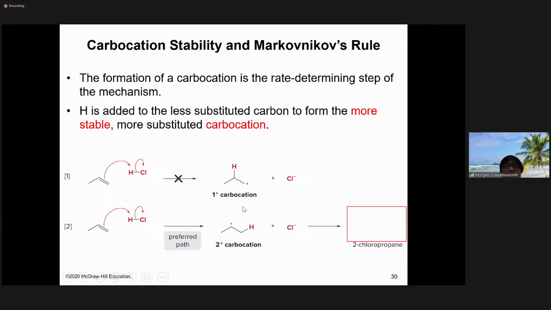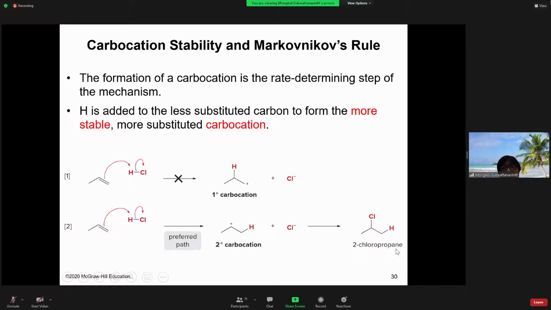That's why it forms this secondary carbocation, and the chloride can attack at the secondary carbocation to form the product that we observe, which is 2-chloropropane here. Okay. Can you follow?